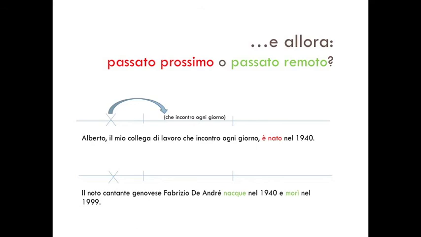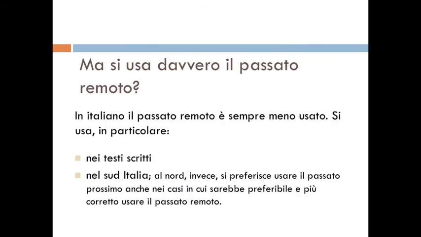And then I use passato remoto because it is something disconnected from the present. Okay? And something really concluded, no link. And this is something about what we said previously. So basically, we use passato remoto less and less frequently, except for the south of Italy and written text, as I told you.